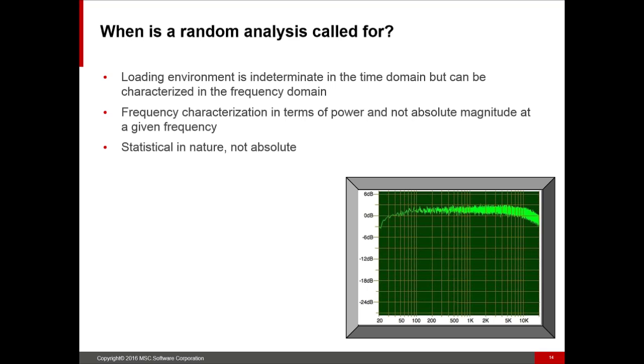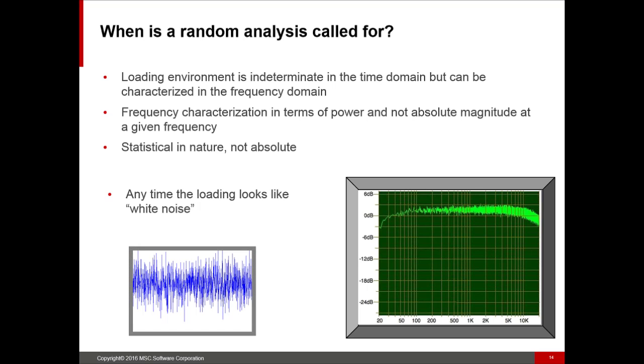Okay, so another way to look at this is from data that we might get, so dBs per frequency. When we see something like this and we can't really characterize it, we can't necessarily say at a particular frequency what the input is. What we'll do is turn that into more of a power type of input per frequency. And when we're looking at it from that perspective, the results that we get back are statistical in nature.